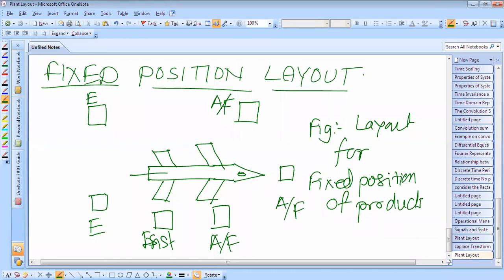So in the layouts discussed earlier, the process or the product, the product moves past stationary production equipment, whereas in this case the reverse applies. The men and equipment are moved to the material. All the men and machines are moved to the material for the manufacturing of this aircraft.